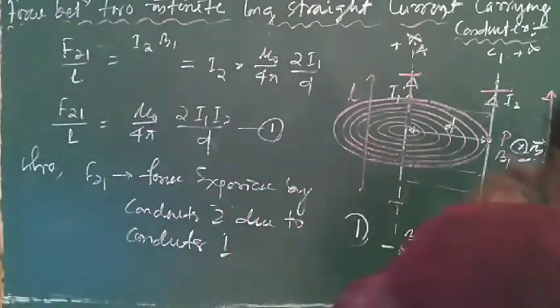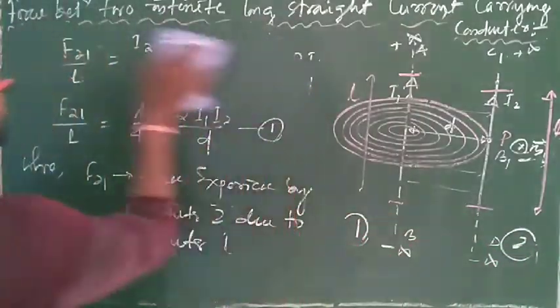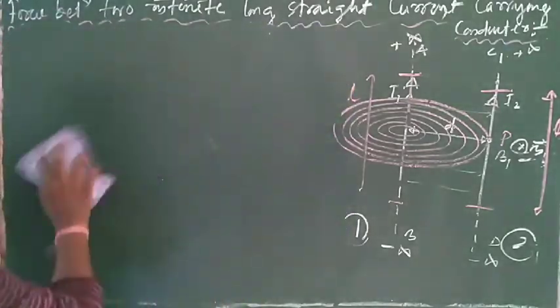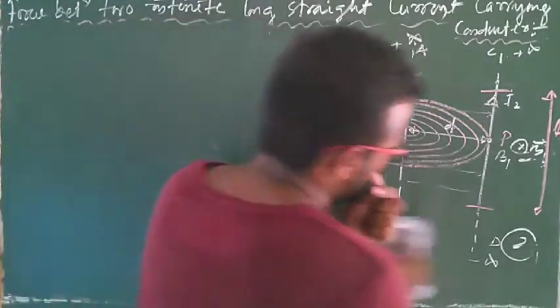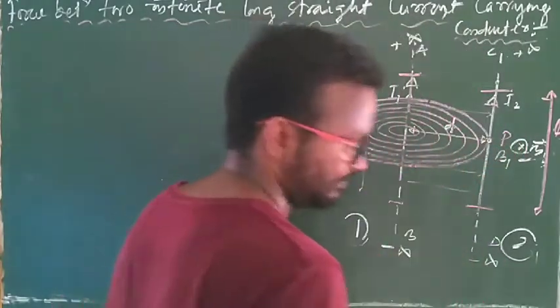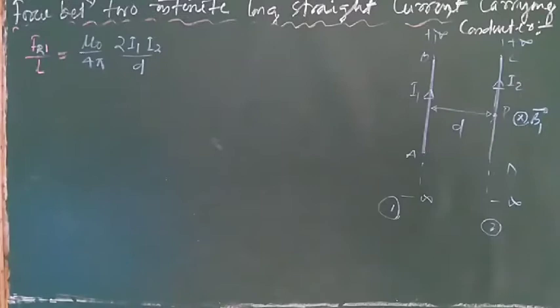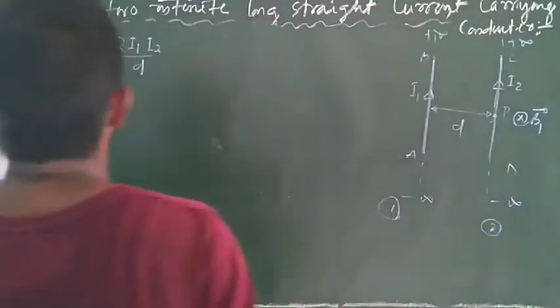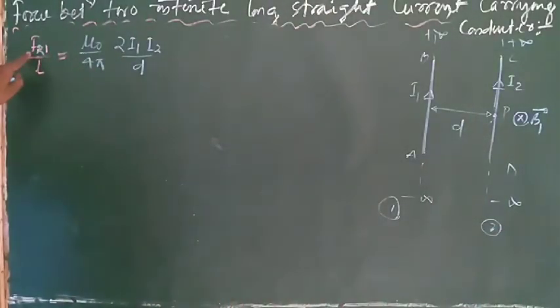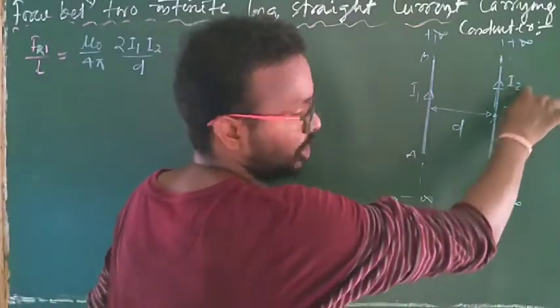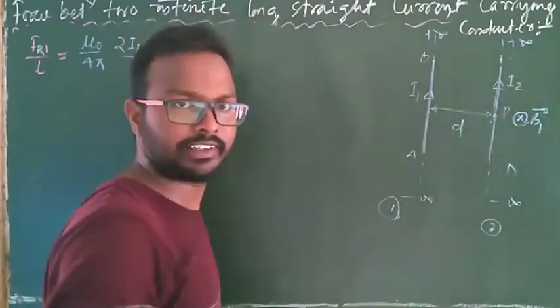Similarly, we have to find the force experienced by conductor 1 due to the second conductor. What is F21? F21 means the force experienced by the second conductor due to the first one. Clear?